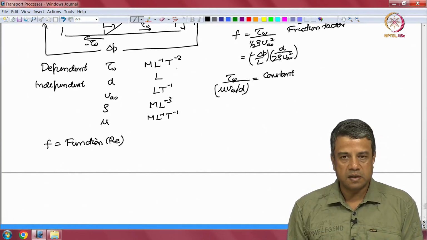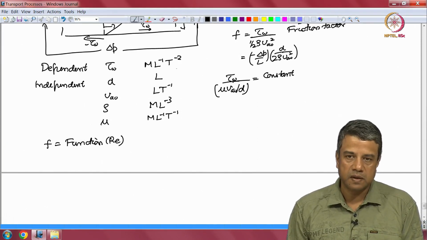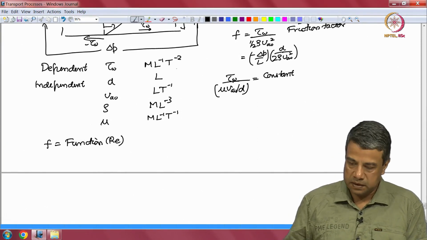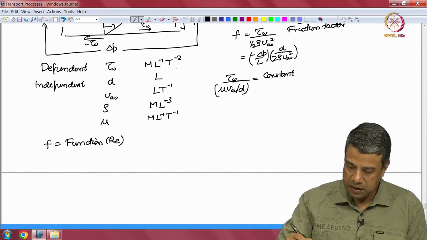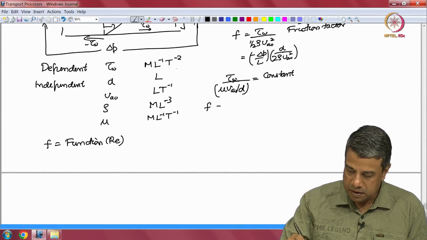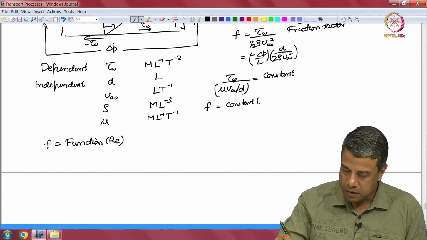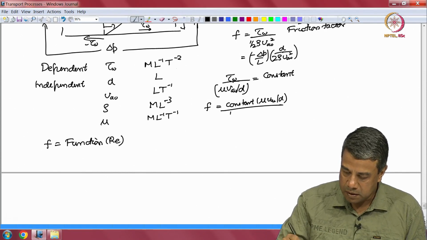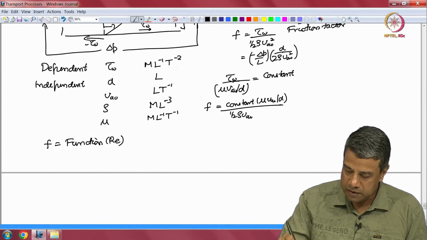So, this has to be a constant in the limit of low Reynolds number where inertia is not important. In that case, the friction factor is equal to a constant into mu V average by d by half rho V average square.